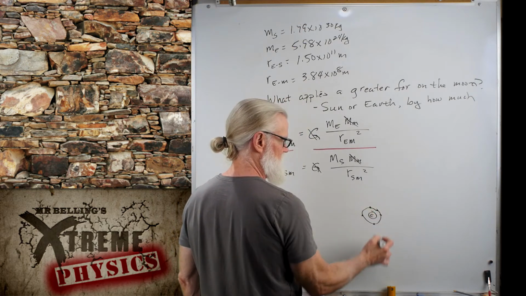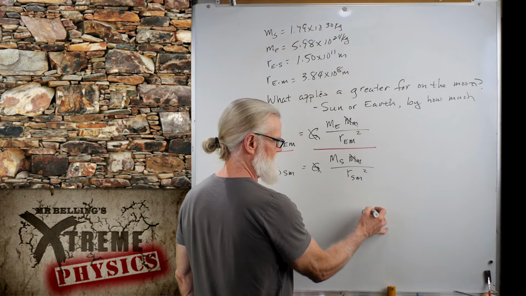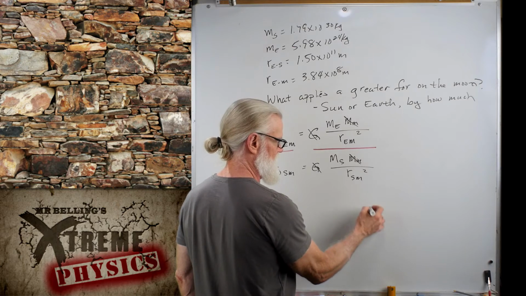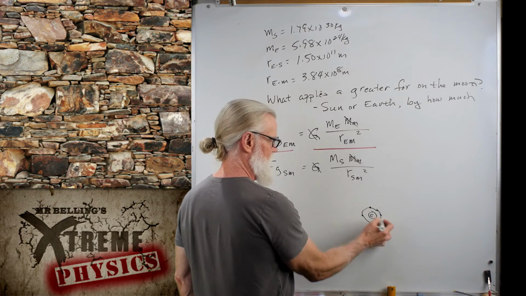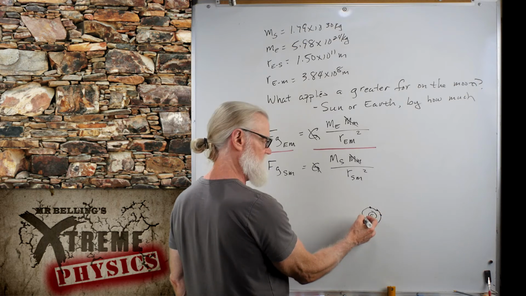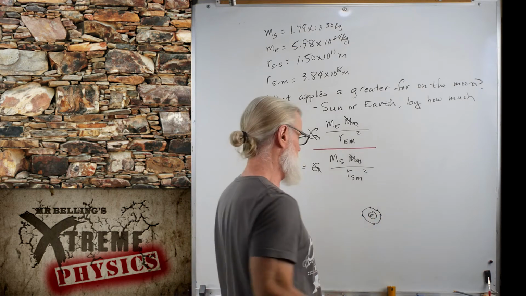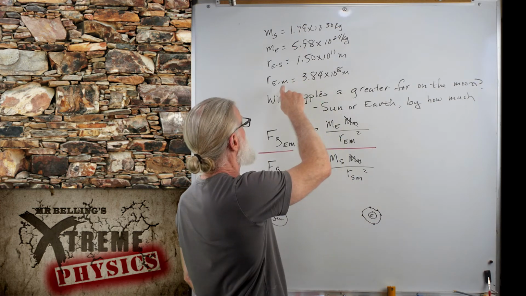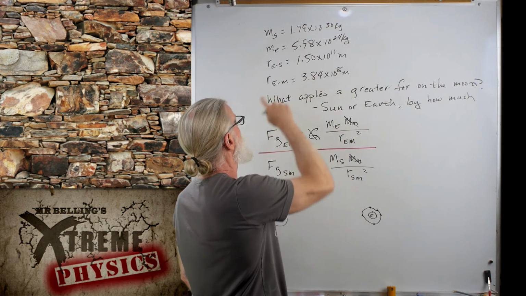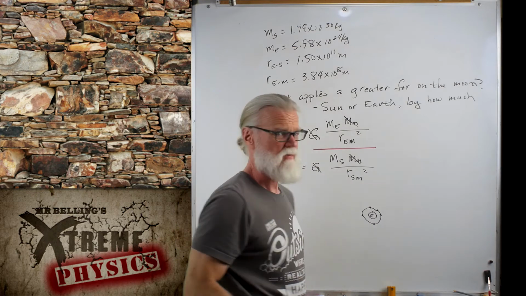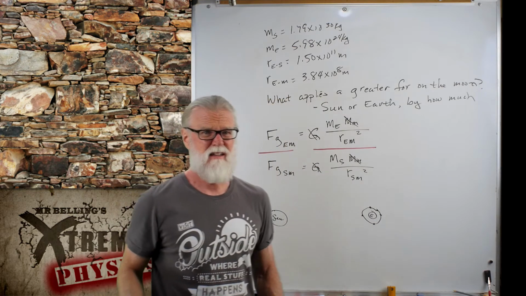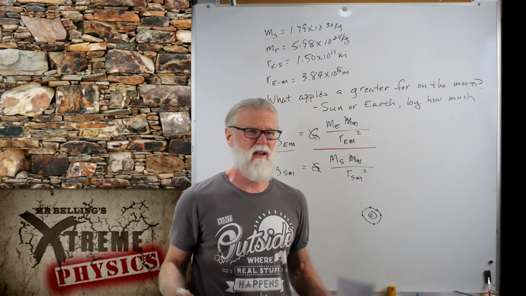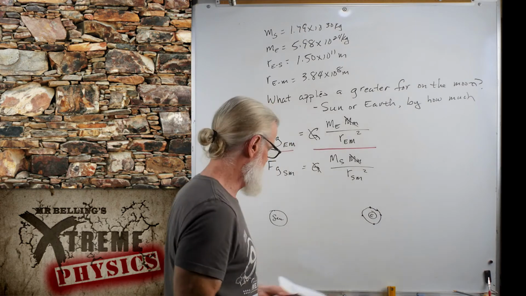It's kind of at the same distance as the Earth. Sometimes it's exactly the same distance, and sometimes it's a little farther, sometimes a little closer, but not that much more. So on average, we can just use the distance between the Earth and the Sun for the Sun and the Moon, because they're basically the same distance. So that's what we're going to do.